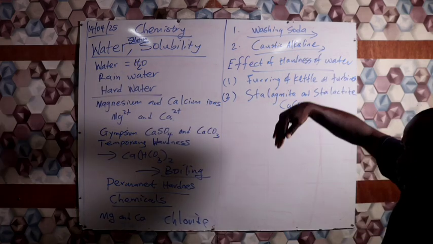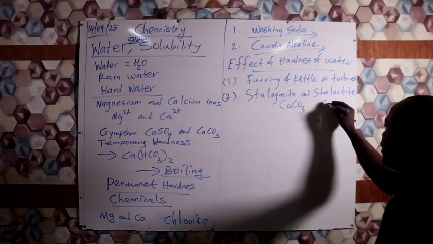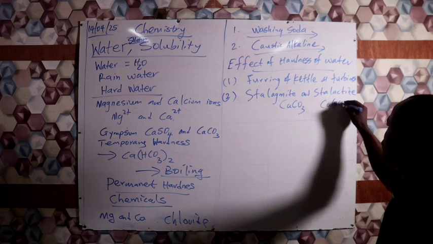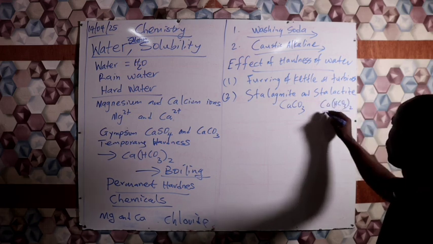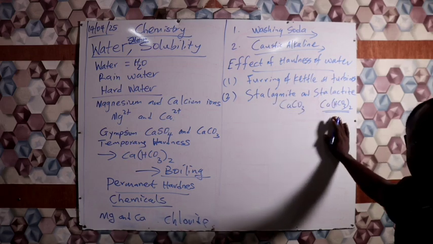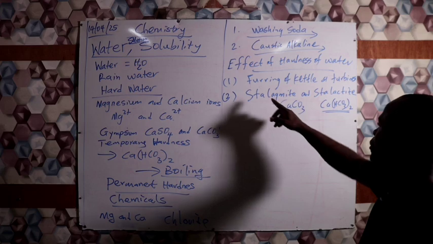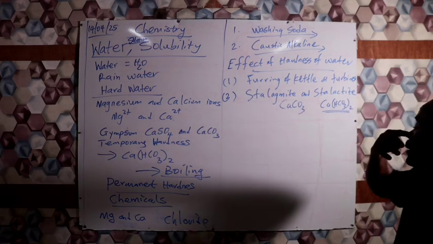Some goes up, some goes down. So that heat will create this calcium hydrogen triazocarbonate 4, which is the temporary hardness. Because these are some of the effects of temporary hardness, thereby causing what we call the stalagmite and stalactite.